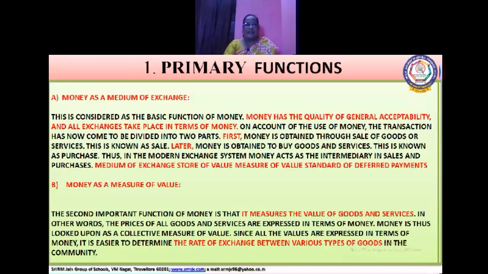Money is thus looked upon as a collective measure of value. Since all values are expressed in terms of money, it is easier to determine the rate of exchange between various types of goods in the community. You can measure the value with money. That is the second one.